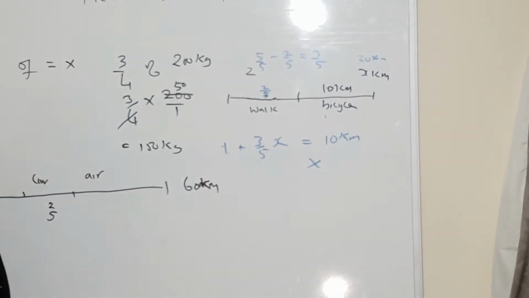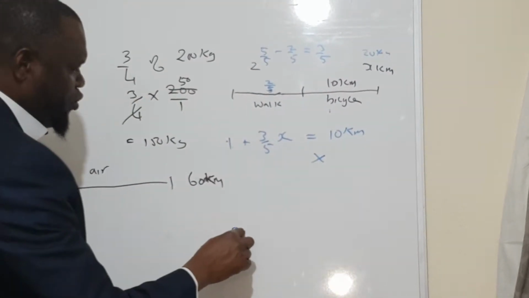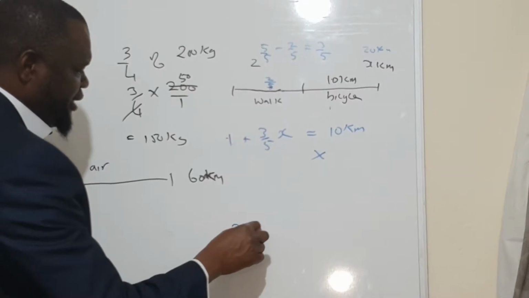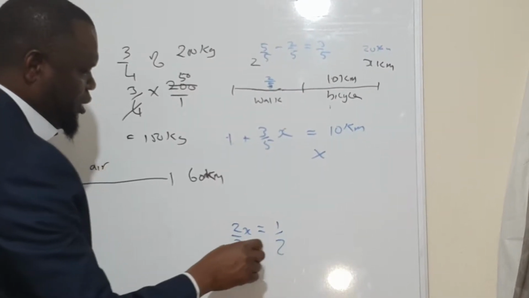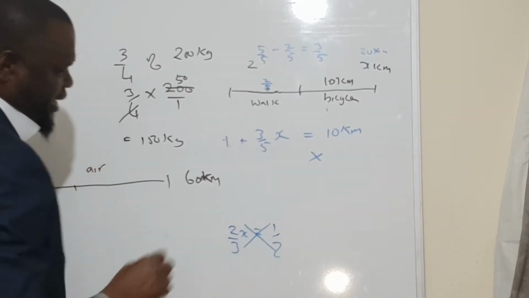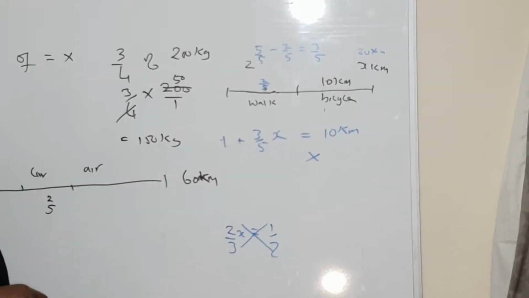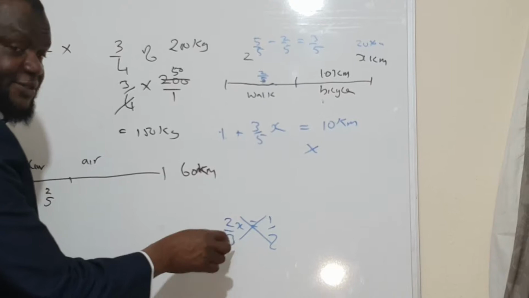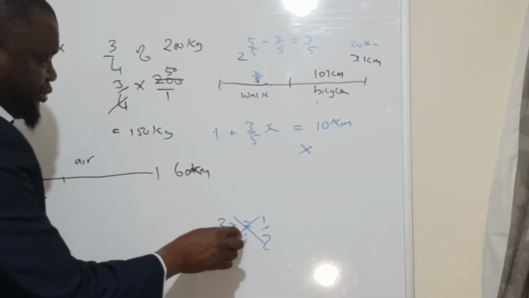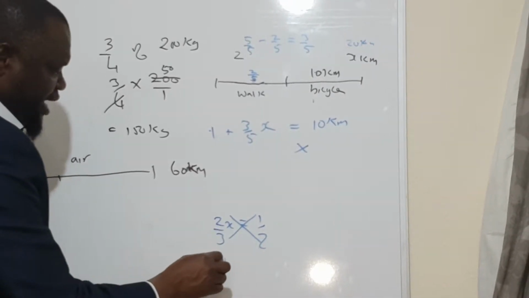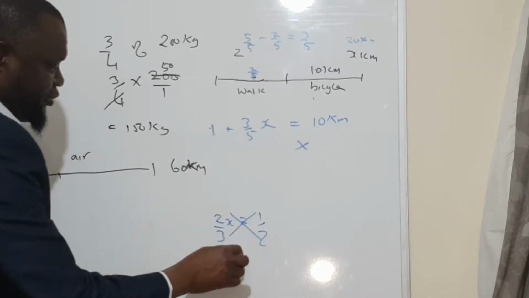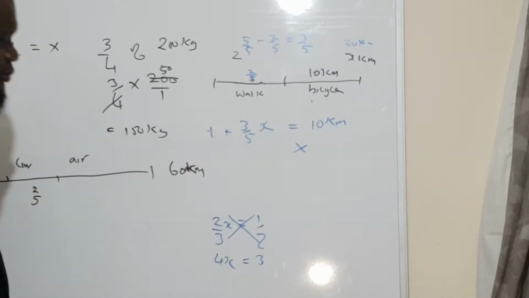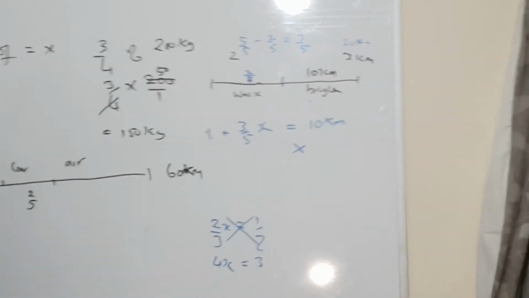You understand? Let's say you have 2/3x is equal to 1/2. You cross multiply. Do you get it? You are going to multiply the x first, the unknown first. 2x times 2 will be 4x, isn't it? Then 3 times 1 is 3. This is how we get it, isn't it?